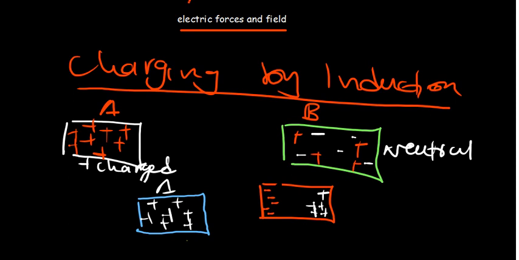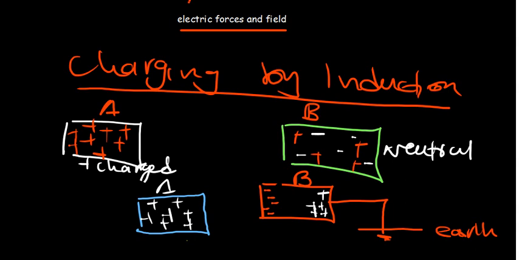Therefore, if we want to charge a material by induction, we are supposed to connect a wire to this material. So we are going to assume that this is our F. So we connect there.